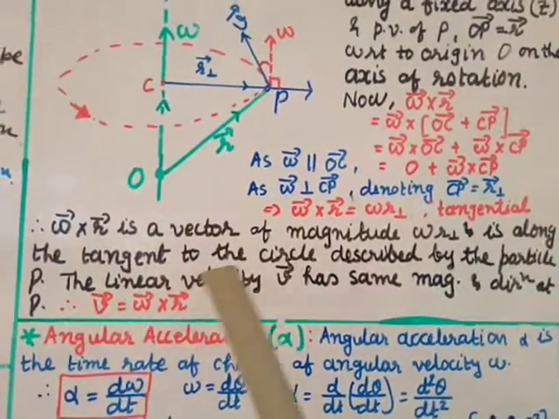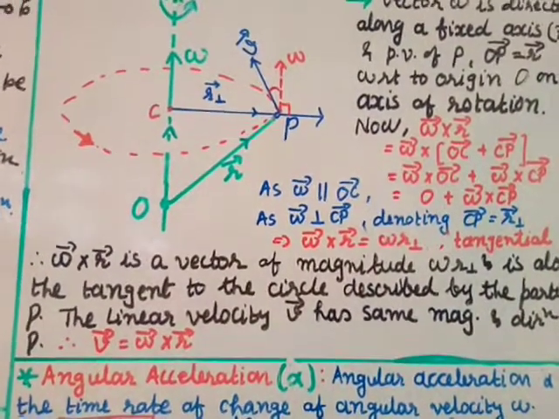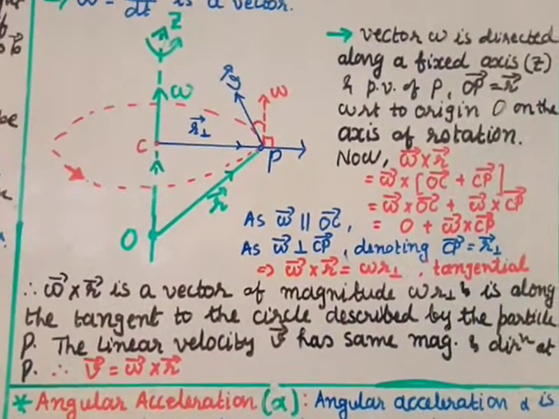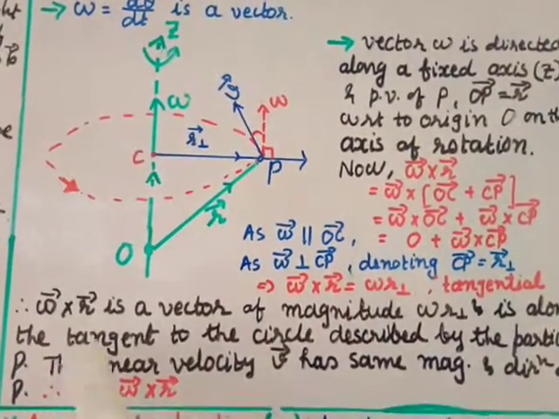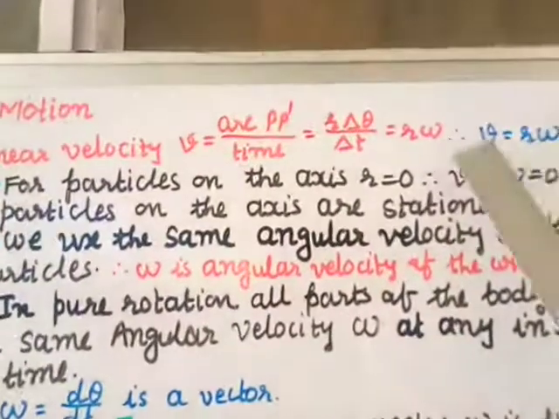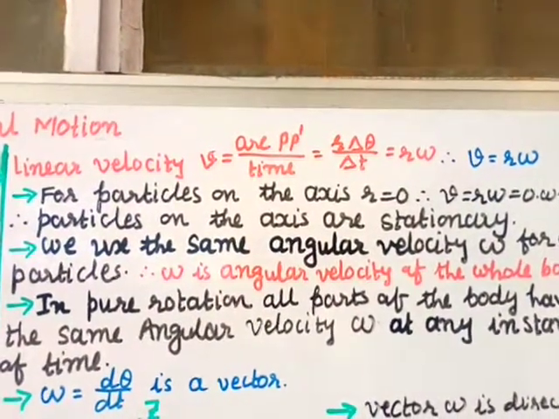That means this cross product omega cross R is nothing but the velocity V. So this is a relation between omega, R and velocity. This is for the cross product, and we had taken this directly using the arc and the time.